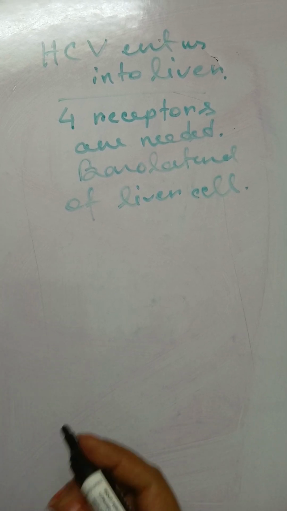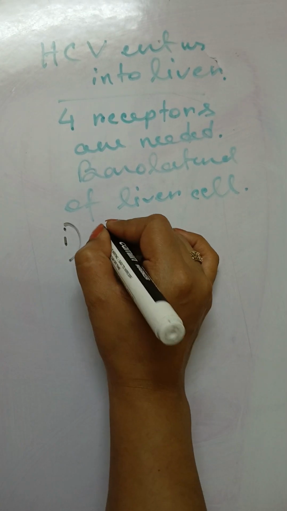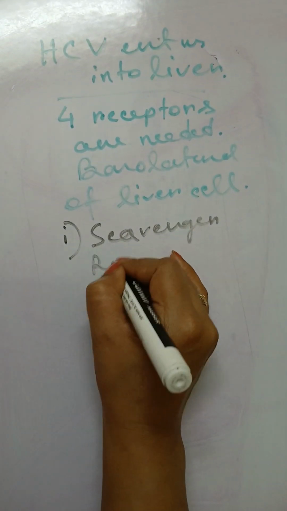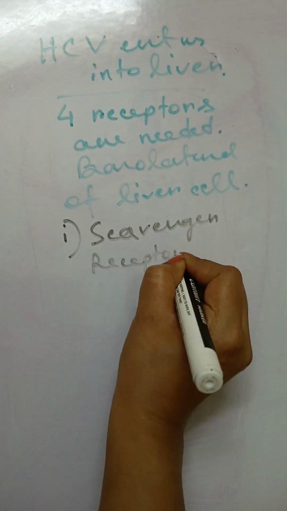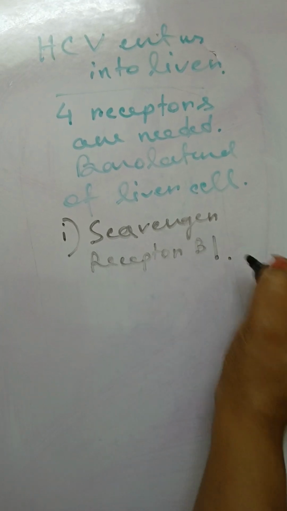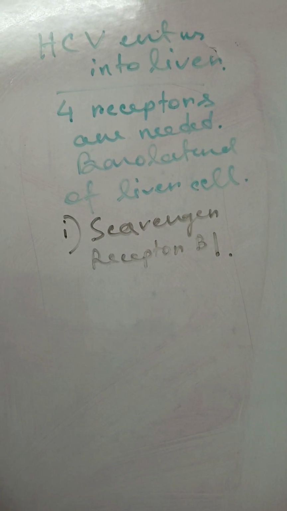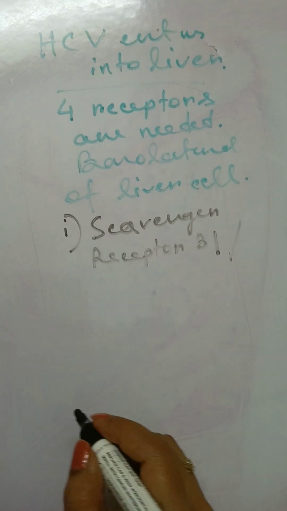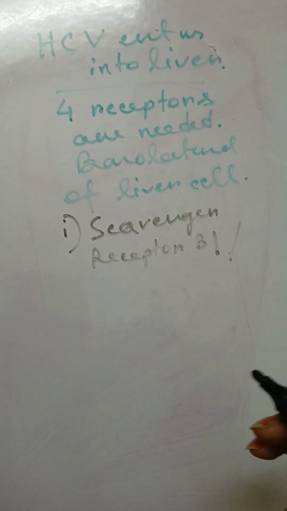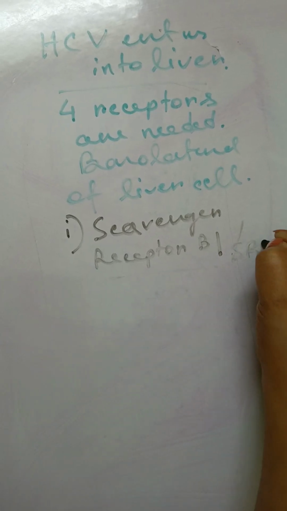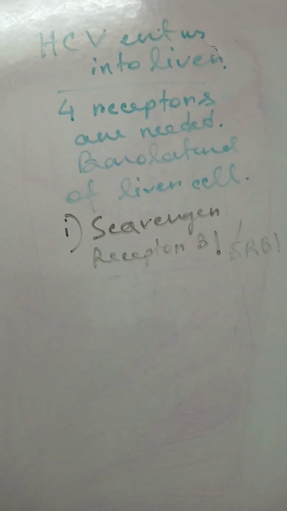Now the first important receptor is known as scavenger receptor B1, that is the first receptor, or there is another receptor which acts as a primary receptor in place of SRB1. Scavenger receptor B1 is also known as SRB1.